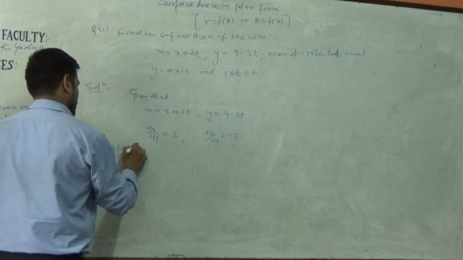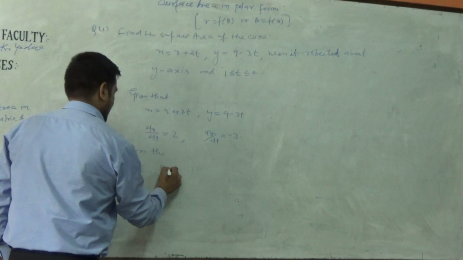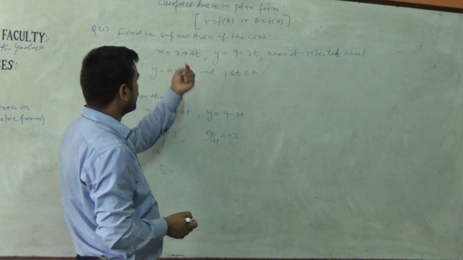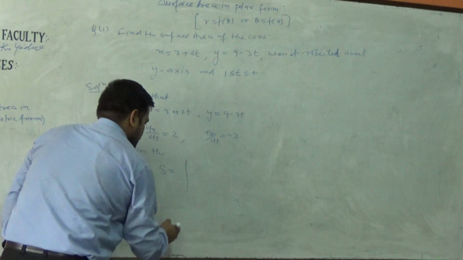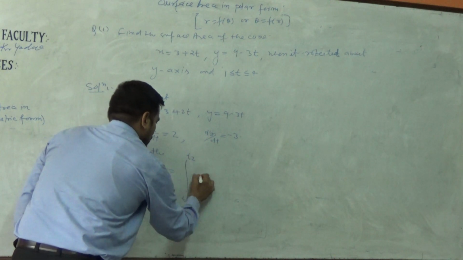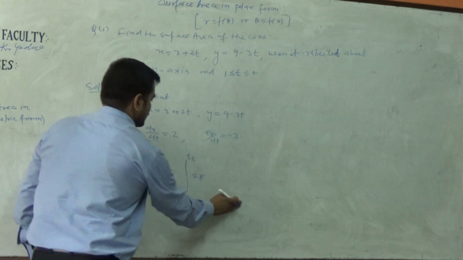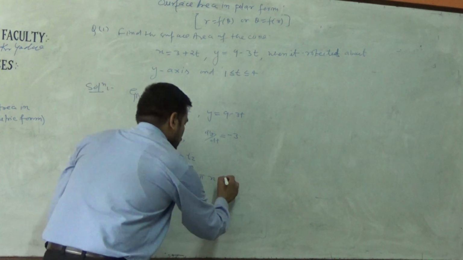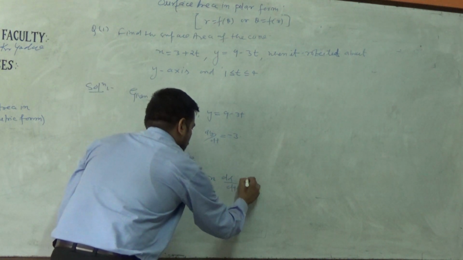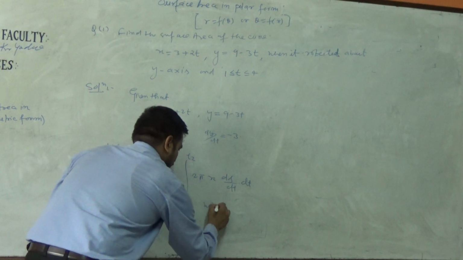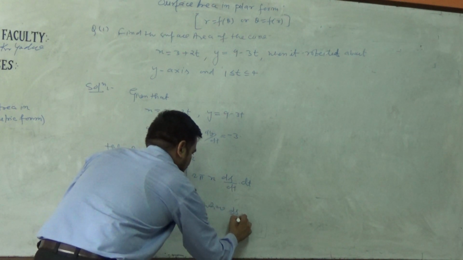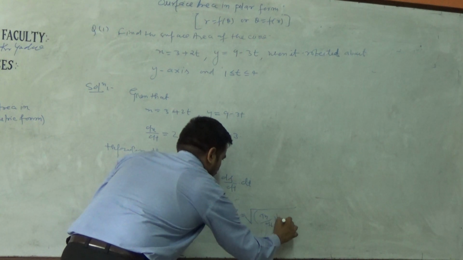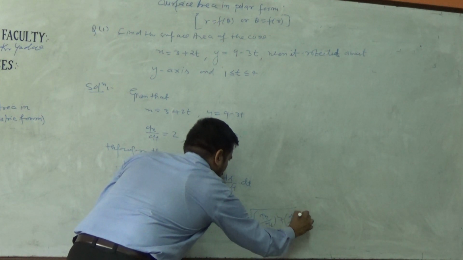Therefore, the surface area S in parametric form, for revolution about the y-axis, equals the integral from t1 to t2 of 2 pi x into ds upon dt into dt, where ds upon dt equals under root dx upon dt whole square plus dy upon dt whole square.